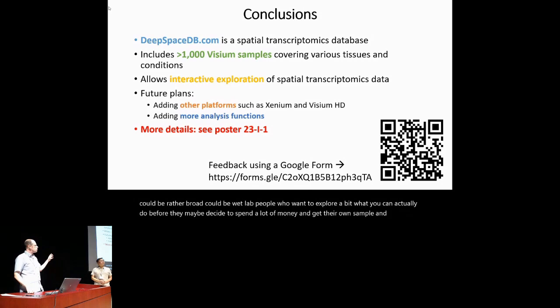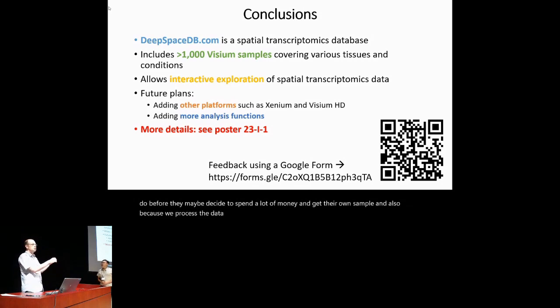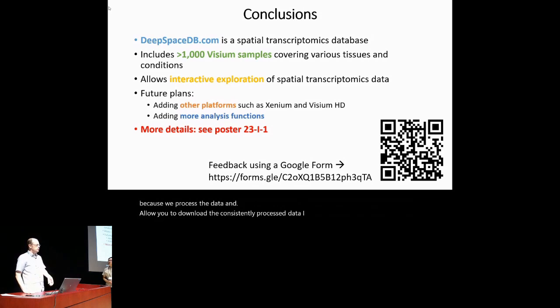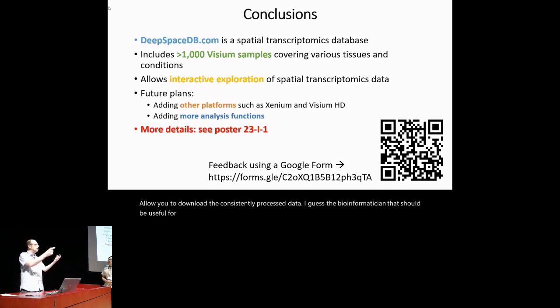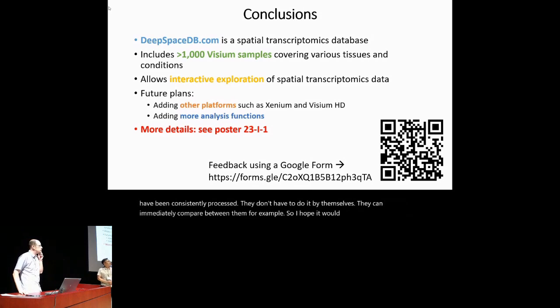And also because we process the data and allow you to download the consistently processed data, that should be useful for bioinformaticians too. They can easily download several samples that have been consistently processed. They don't have to do it by themselves. They can immediately compare between them, for example. So I hope it would be useful rather broadly.